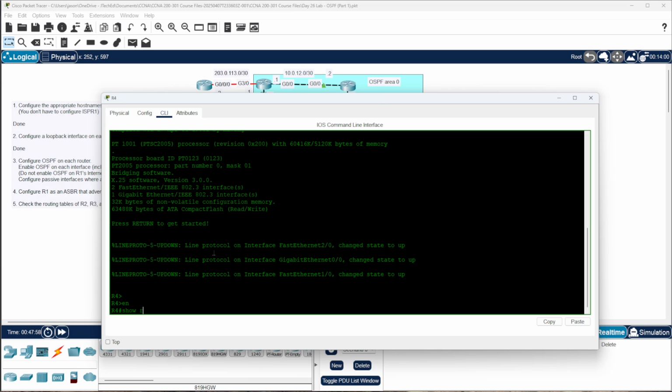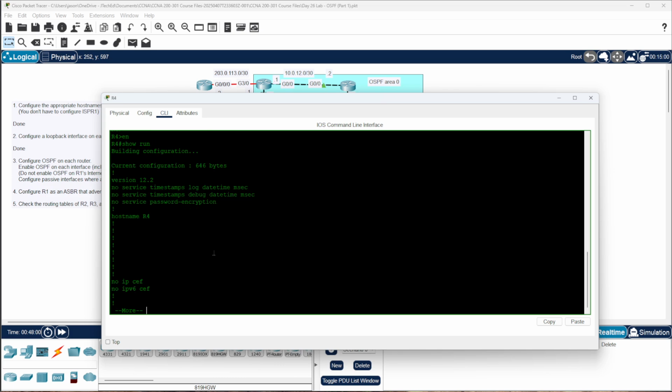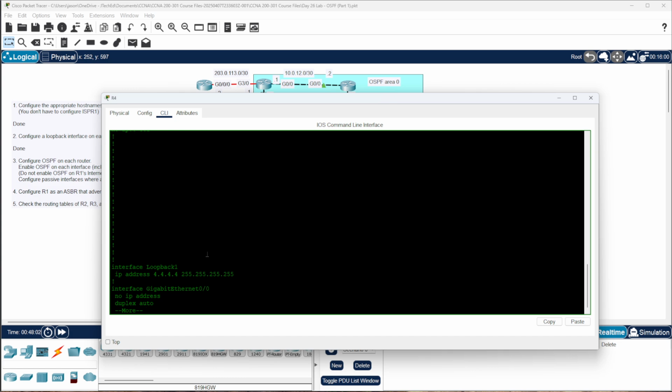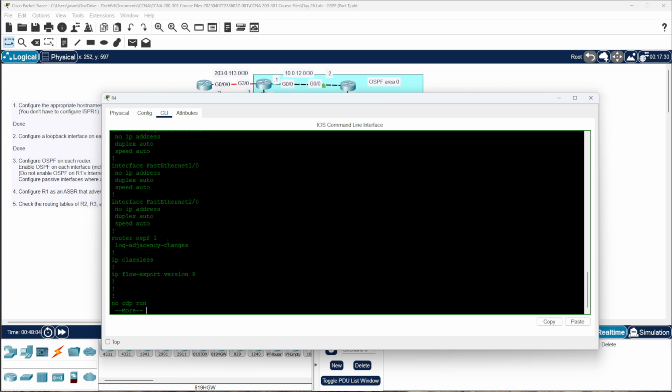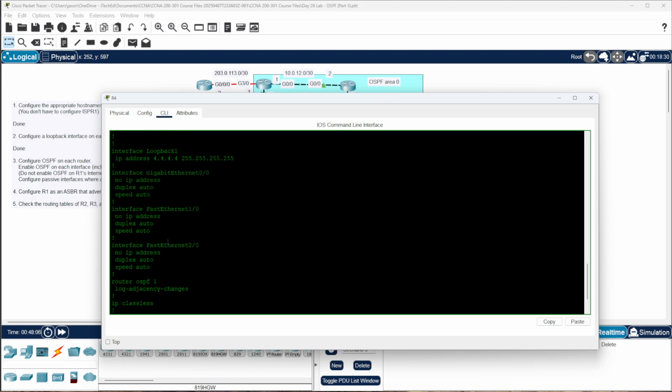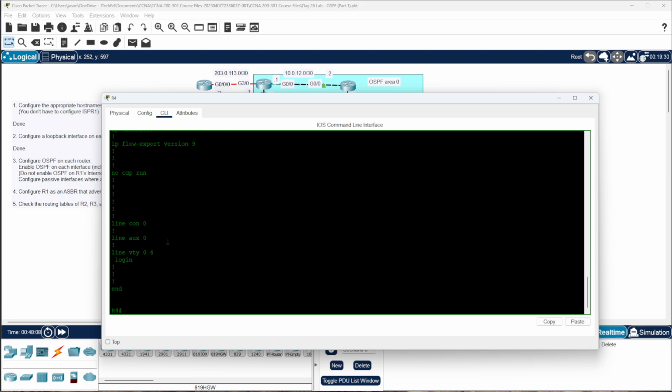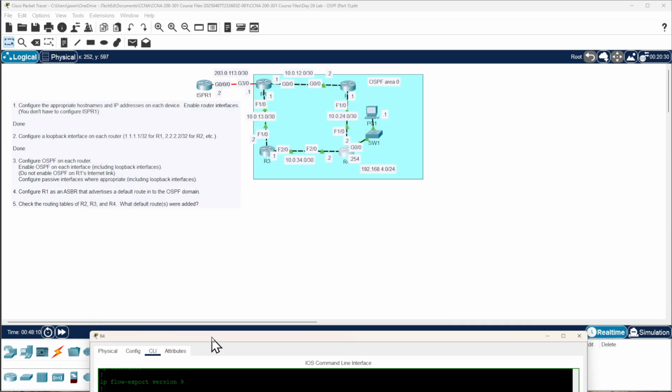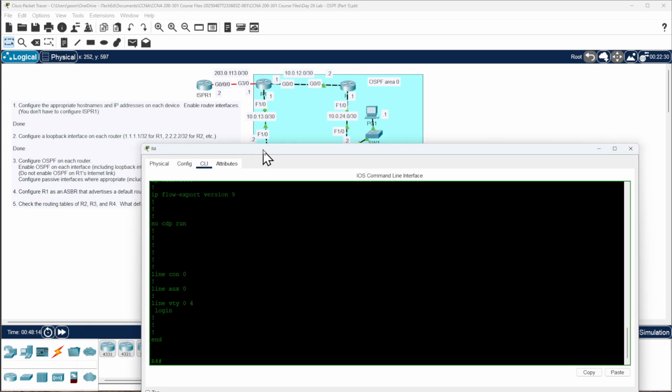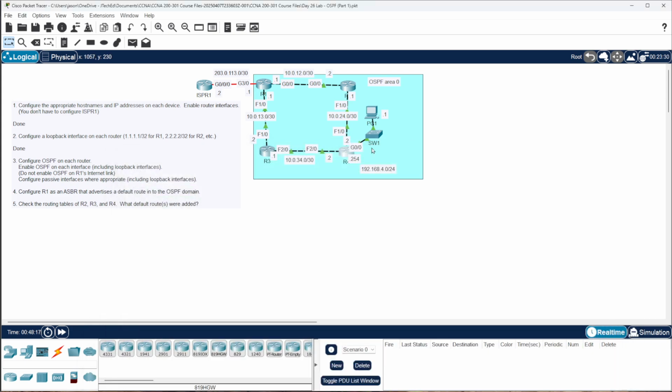So we're going to do a show run. And we have our loopback. We don't have an IP on anything, apparently. Didn't we set that? I thought we set that. Am I supposed to set that? Yeah, this is where we ran into that problem.